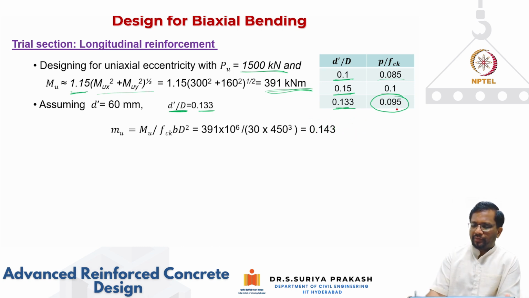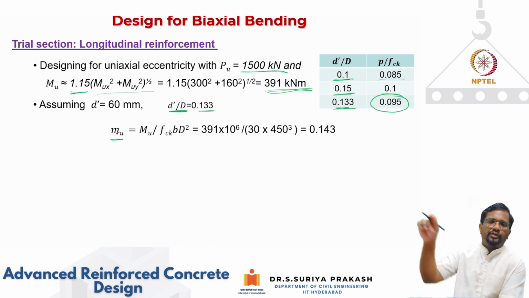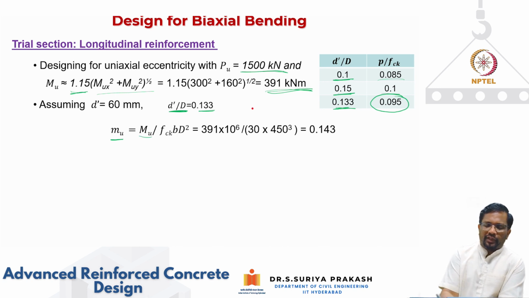To calculate this, I need to know the demand. So we calculate the small mu demand as Mu by FCK BD square, because these are the values that will be used to arrive at the area of steel that is required. The demand is 391 divided by FCK 30 and BD square, B and D are the same, so I put 450 and I get a value of 0.143.